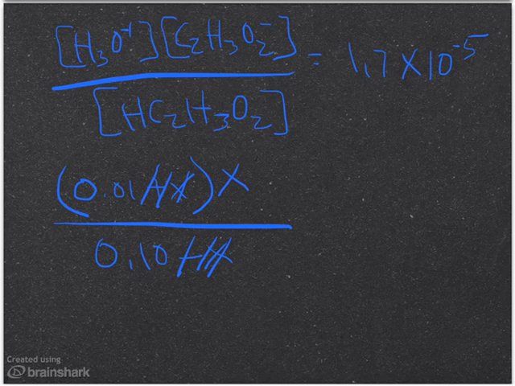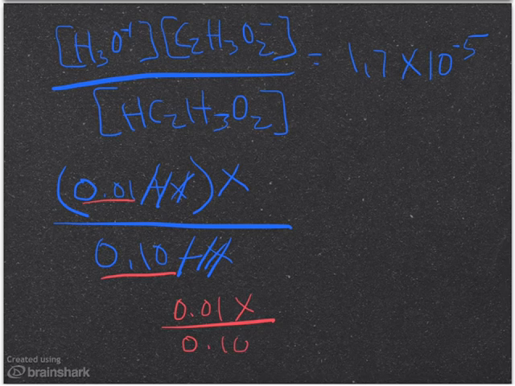So instead, you'd end up with 0.01 on top and then 0.1 on the bottom, just to make things a little easier. So if we rewrite this, you would have 0.01x over 0.10 equals 1.7 times 10 to the negative 5.